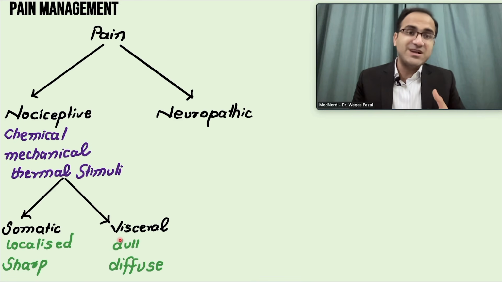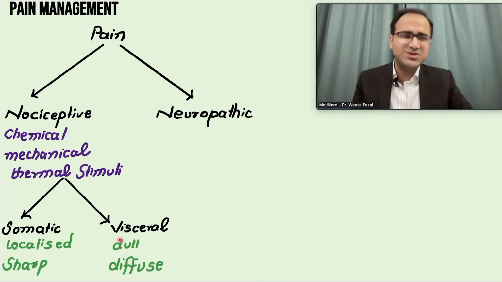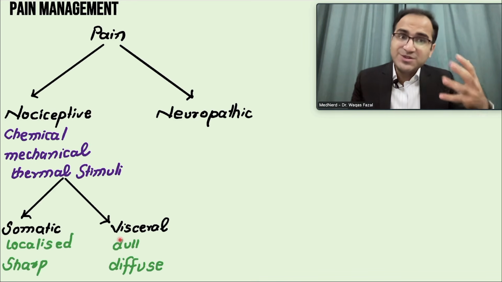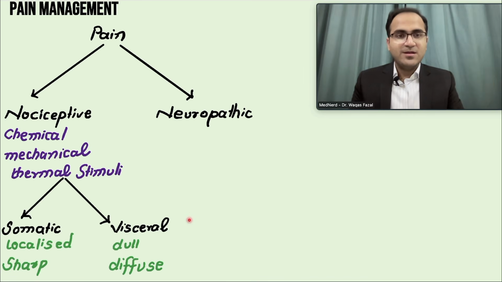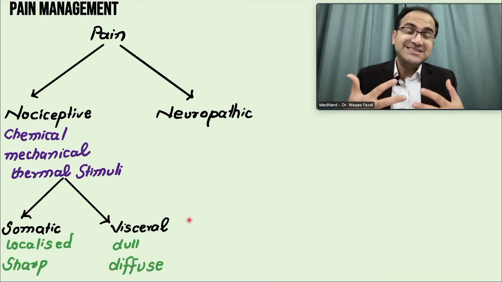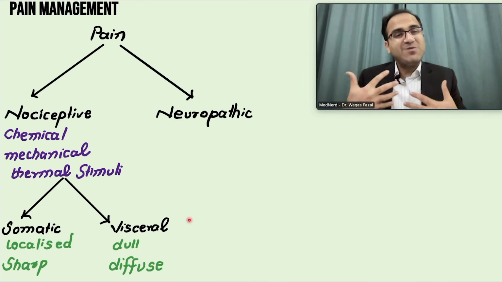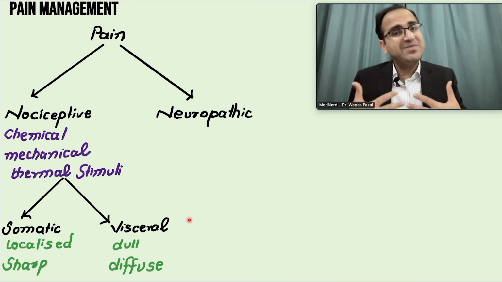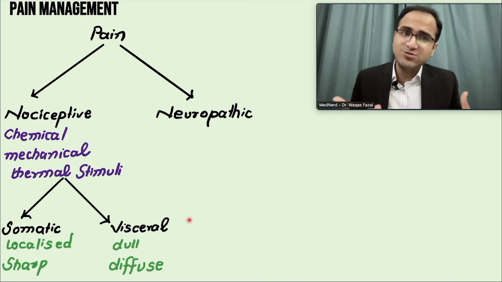If a patient has appendicitis, the patient will initially have dull pain around the umbilicus. These are all visceral pain. Or if the patient has acidity or GERD, the patient will complain of epigastric pain or pain behind the chest, and that will be a dull, diffuse pain.